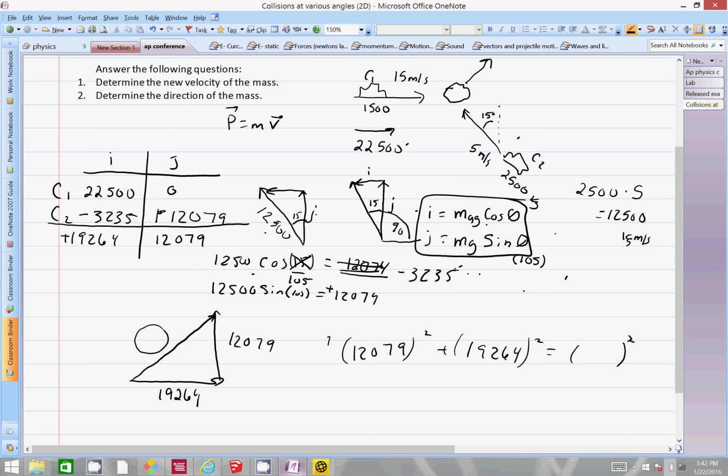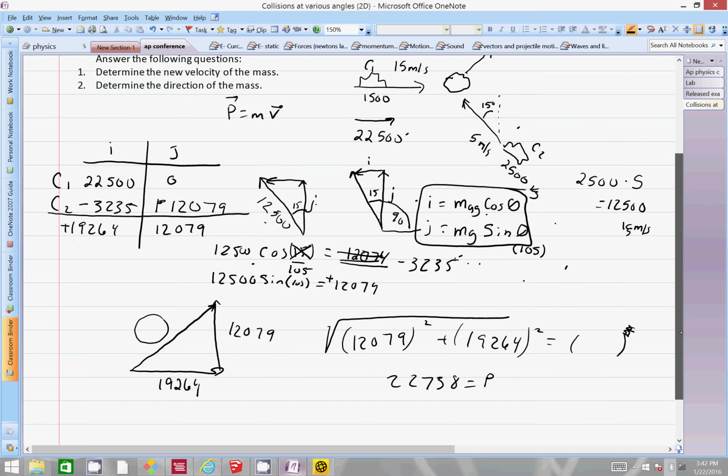And I'll just square root this whole thing in order to eliminate that. Alright, and my answer, if no mistake was made, 22,738 is my momentum of the whole of my hypotenuse.